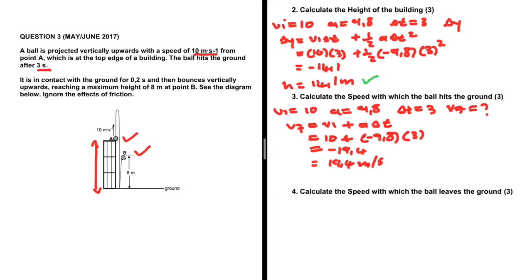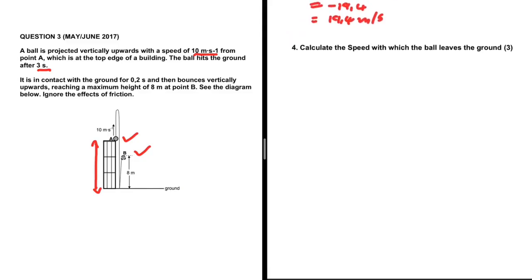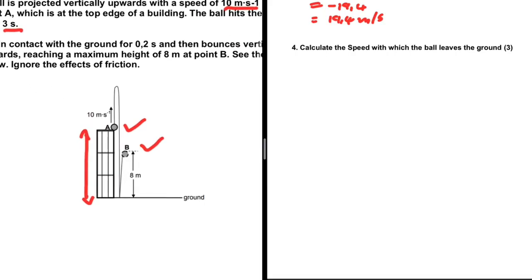Well, there we go. Let's move to the question that follows. Question 4: calculate the speed with which the ball leaves the ground. Okay, so we know that our ball will strike the ground, right?